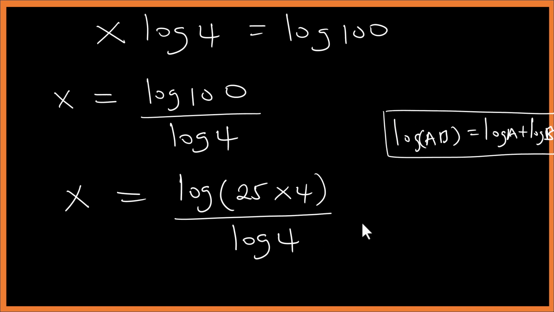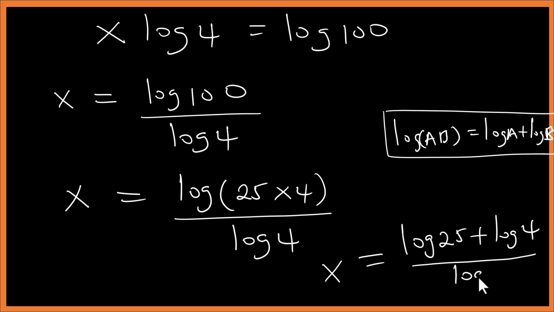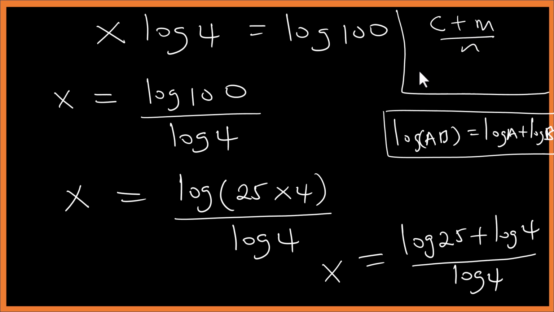Okay, so this side will be x equals log 25 plus log 4 on log 4. Okay, now when we're given c plus m on n, it's the same as c over n plus m over n.